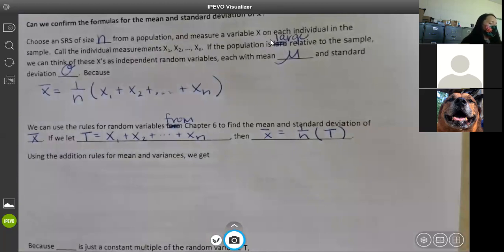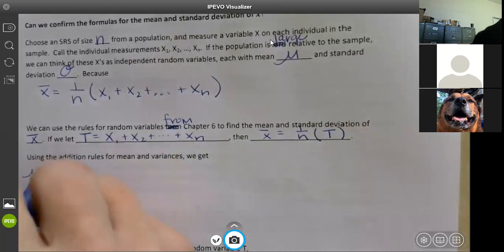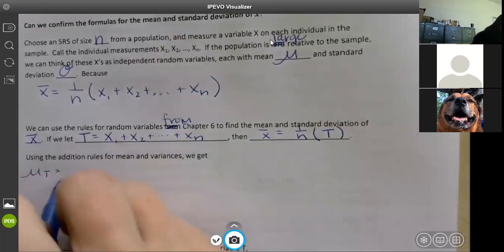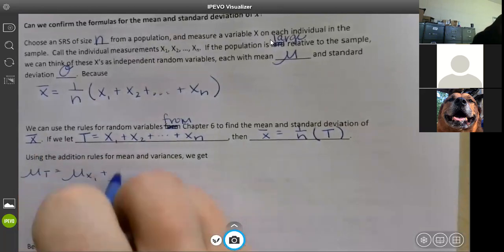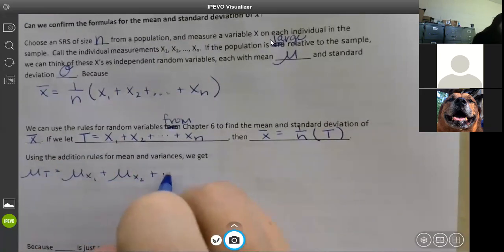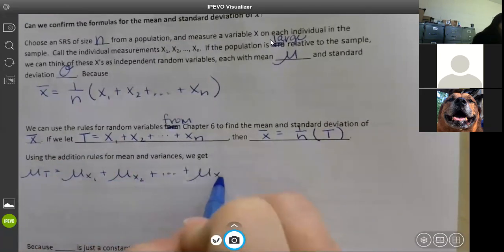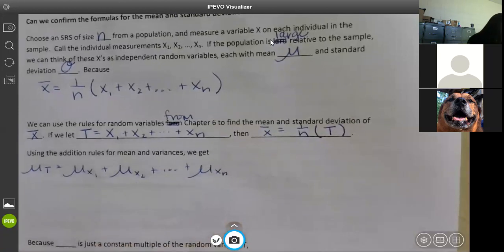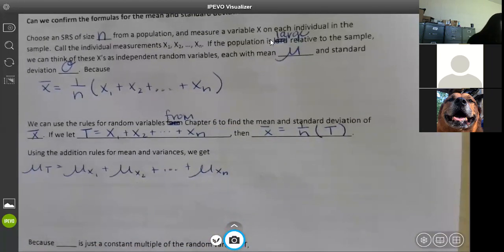All right. So using the addition rule for means and variances, we've done that again, Aaron and Pete's Jeep Tours. To find the totals, we did the mean of the first one plus the mean of the second one, all the way to the mean of the last one. But what do we know about the sample mean?